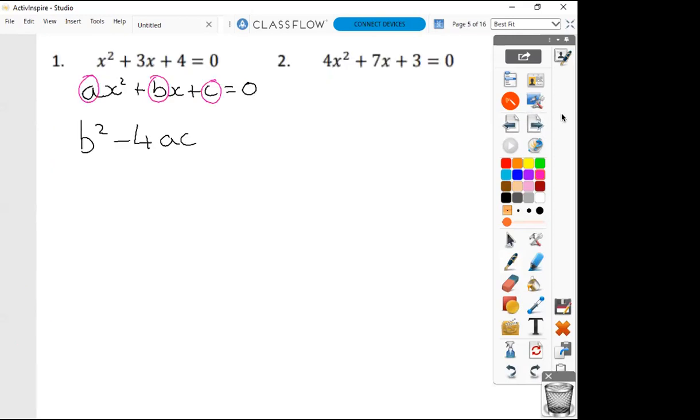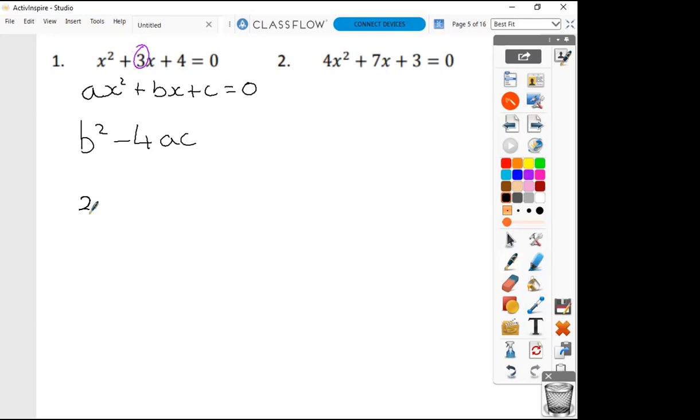So the b, we're substituting into our formula. It's just any number that's in front of that x. Now remember the sign's important. So that's a positive 3 in this case.